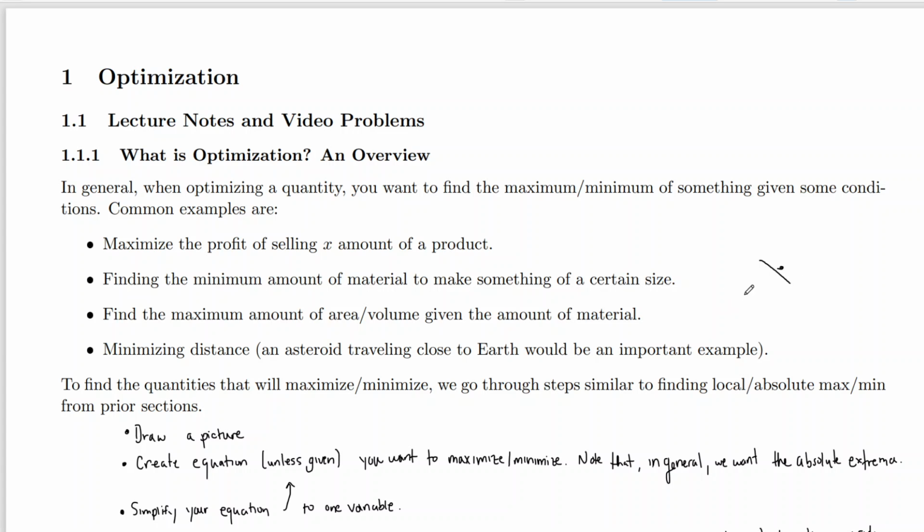So to figure out how close it's going to come, which you always hear in these reports, they figure out the minimum distance based on where Earth is and the equation of the line. We'll actually see a problem like that as well. But you can do a number of things. It can be really any quantity you want to maximize or minimize. You just need to be able to figure out the equation.